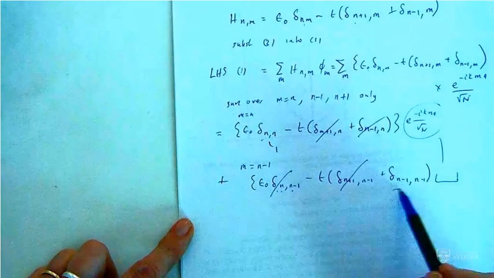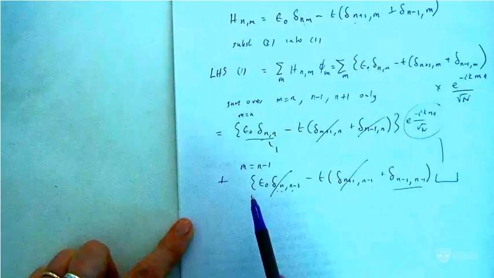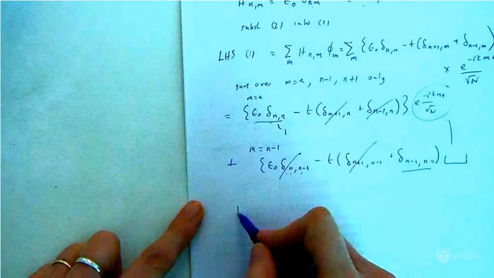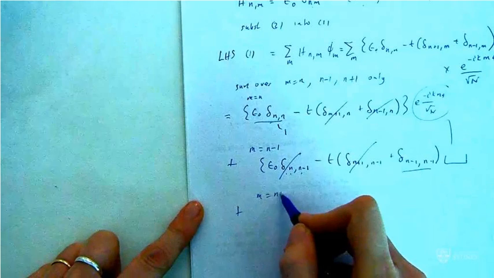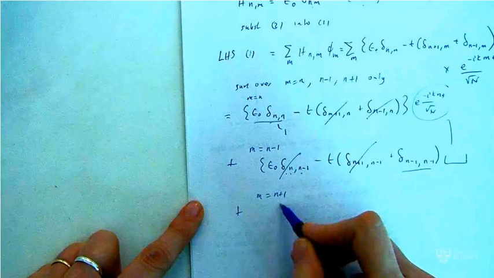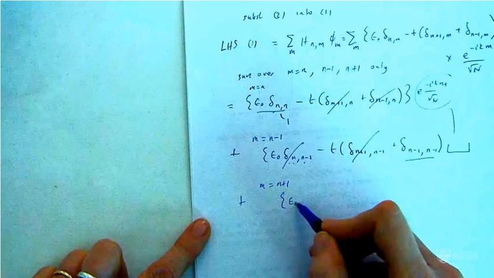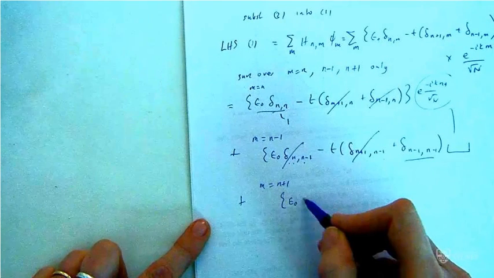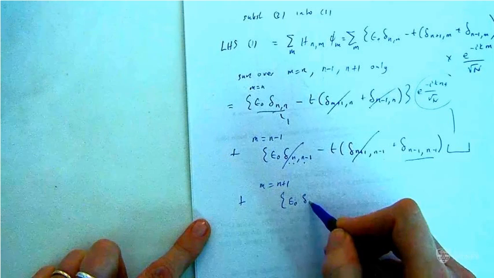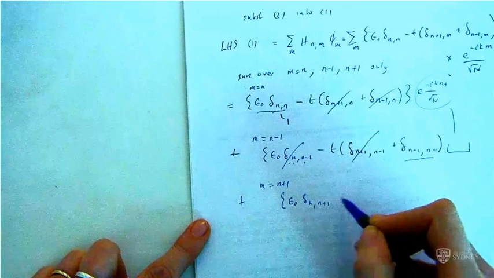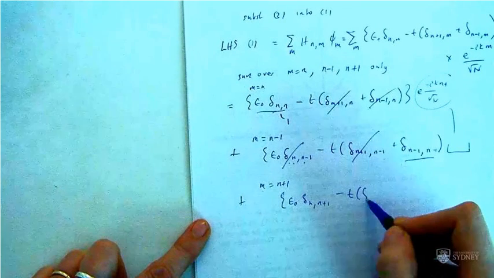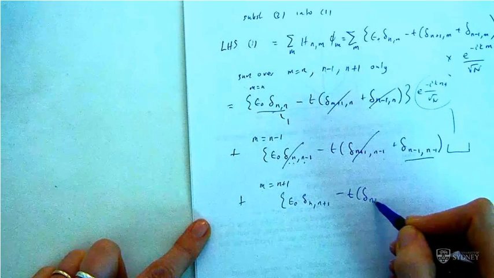And you can probably guess why we now get the third term. Now m equals n plus 1, so we get delta n plus 1 minus t delta n plus 1, n plus 1.